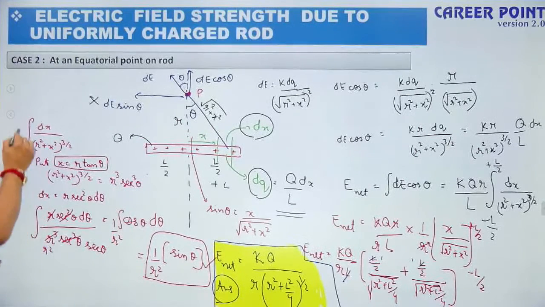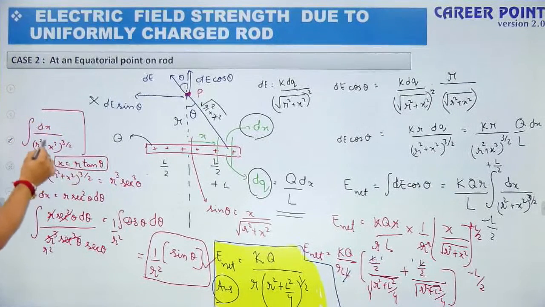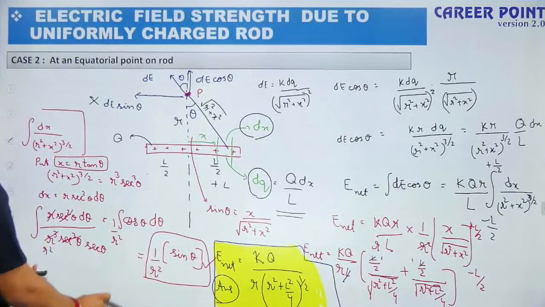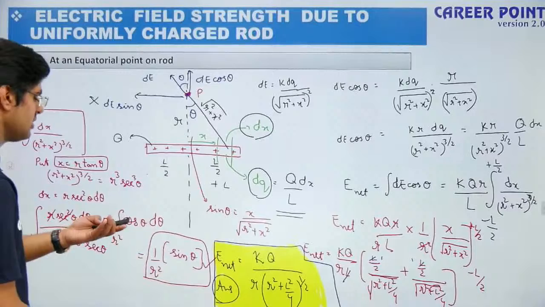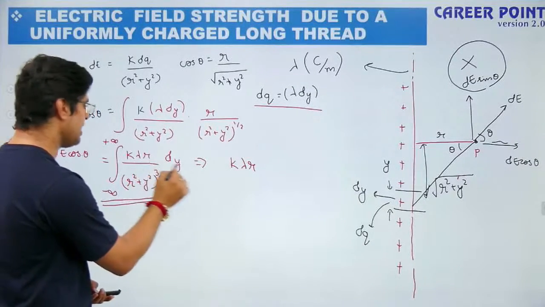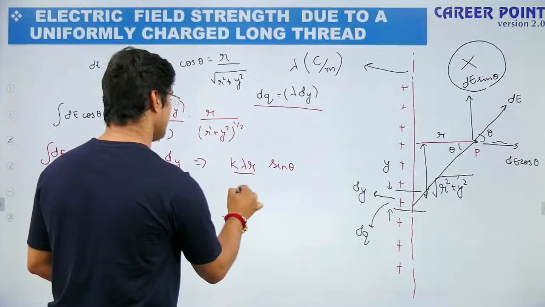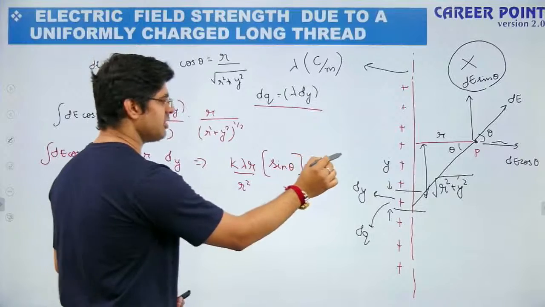In case you get confused, we have solved this integral before, and the result was sin theta upon r square. So we will write sin theta accordingly: k lambda r sin theta divided by r square. And the limits will be from where to where?